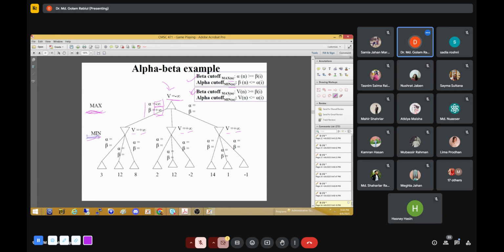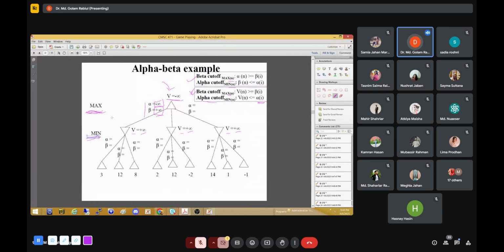For the beta cutoff in max node, instead of alpha of n, we can test v of n greater than or equal to beta of I. And for the alpha cutoff, it is v of n less than alpha of I. Okay. So now we can apply the algorithm.